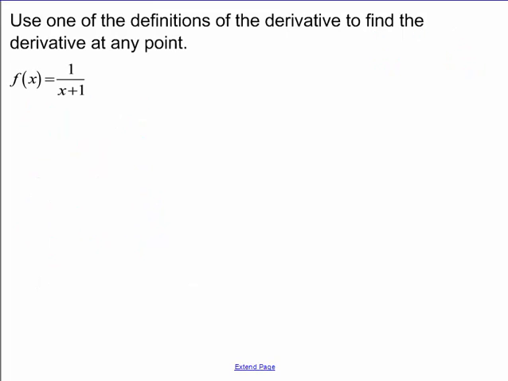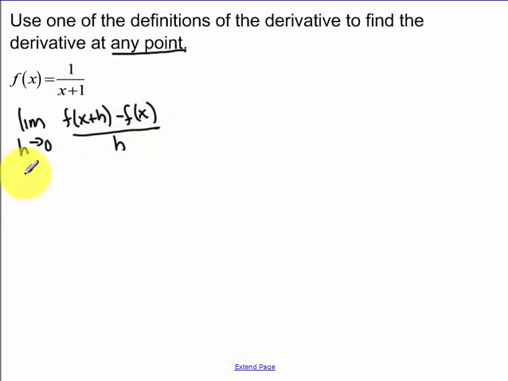Use one of the definitions to find the derivative at any point. When you're doing any point, I recommend you use the limit as h goes to 0 of f of x plus h minus f of x all over h.